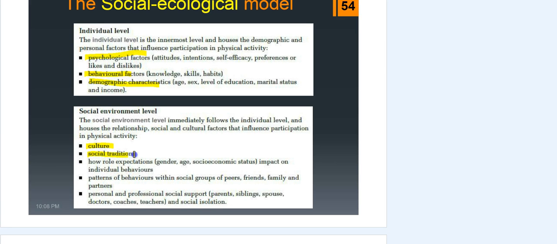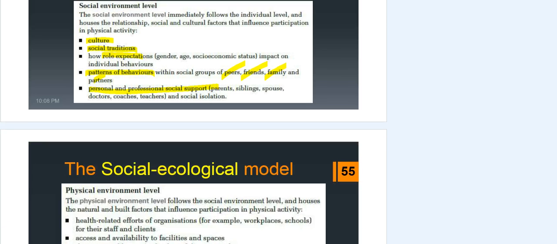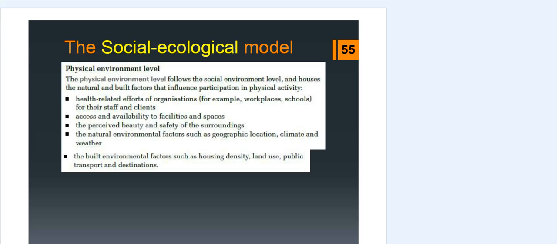Social, looking at our culture, social traditions, our role expectations within our social environment, patterns of behaviour within social environment, peers, friends, family, partners, and then social support, whether it be professional or personal. Physical environment, we have natural and built factors that we've talked about.